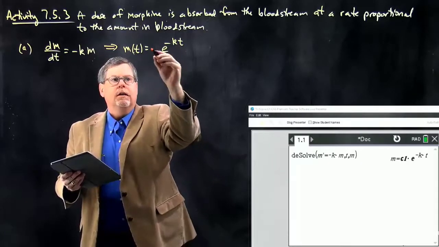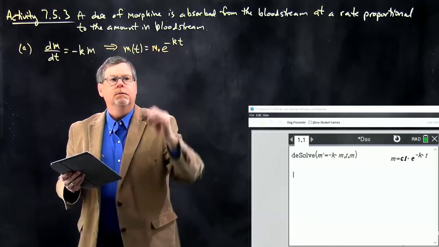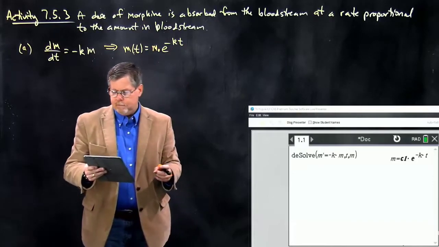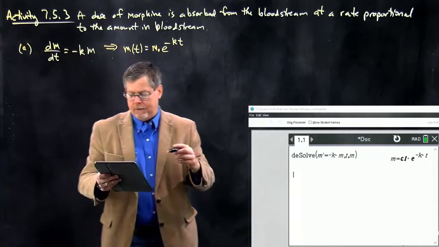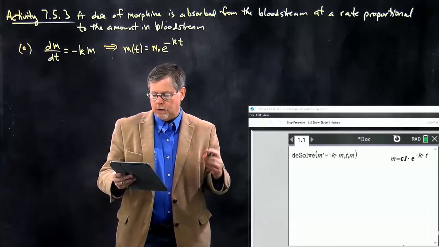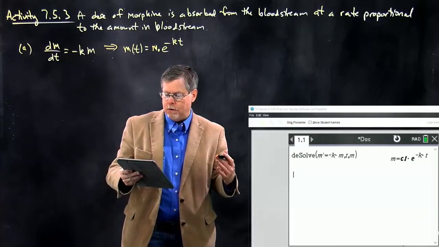So they're wanting us to call this M sub 0, so I'll call it M sub 0. And we're wanting to find the K, knowing that the half-life is 2 hours. So we'll do our time in hours.